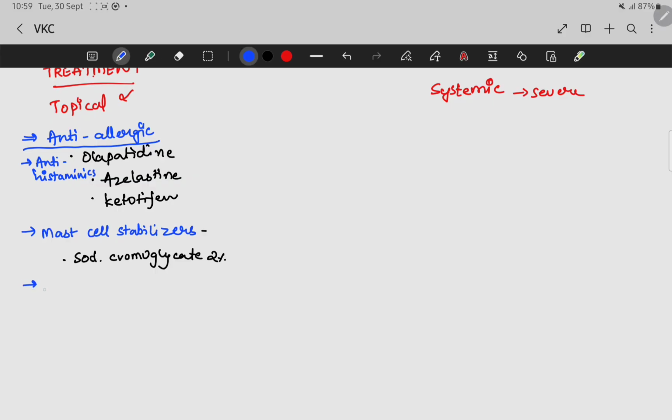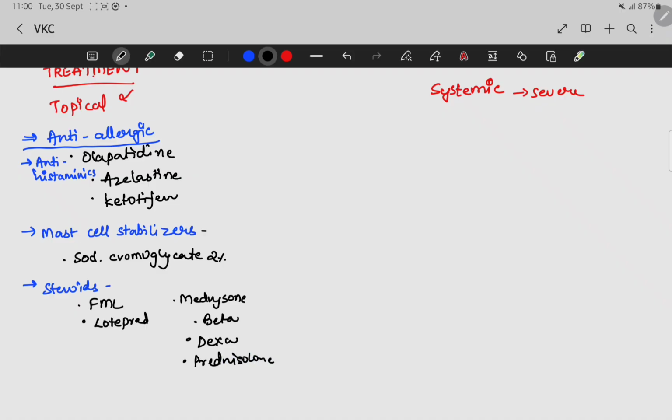Then we have topical steroids. There are low potency steroids and high potency steroids. For the early stages, low potency steroids like fluorometholone, loteprednol, and medrysone can be used. Fluorometholone is the least potent of all, whereas betamethasone, dexamethasone, and prednisolone are high potency steroids.